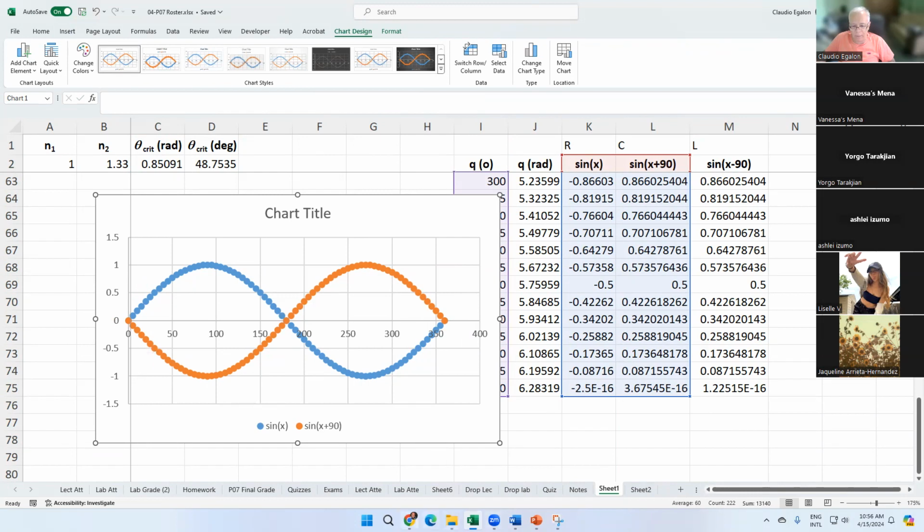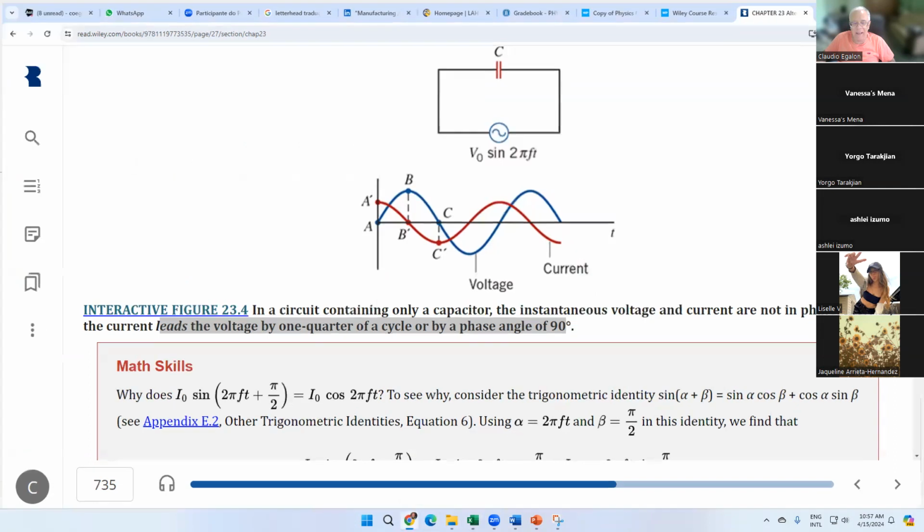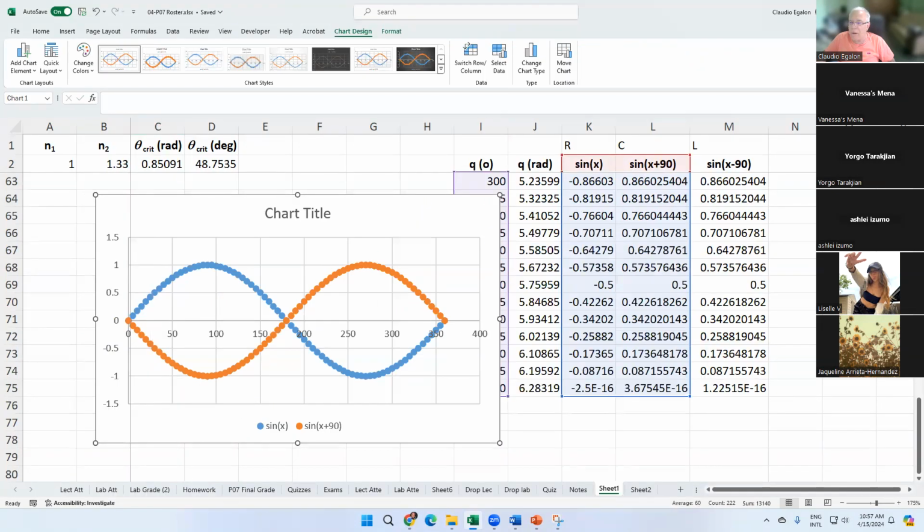Let's compare that with the book, if it's the same or not. Yeah, it looks like the book made a mistake. The moment I saw that, I noticed there was a mistake. But let's see if that's right or not. 90. Let me pause momentarily here.